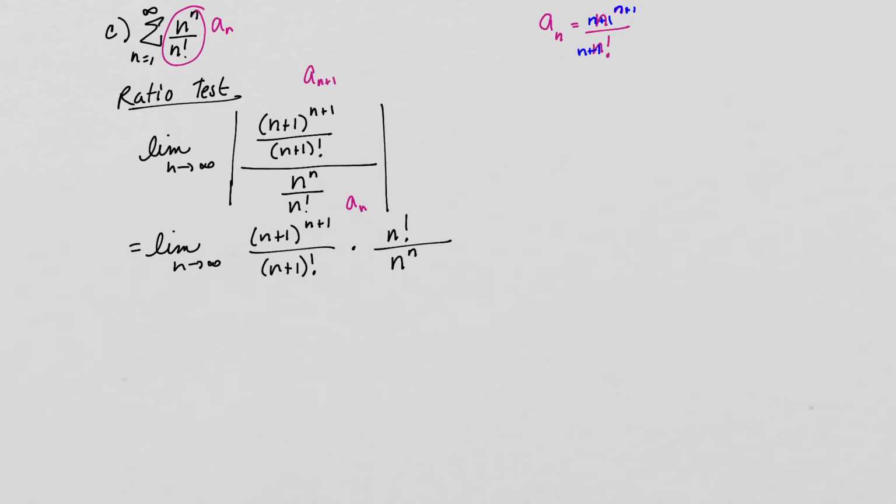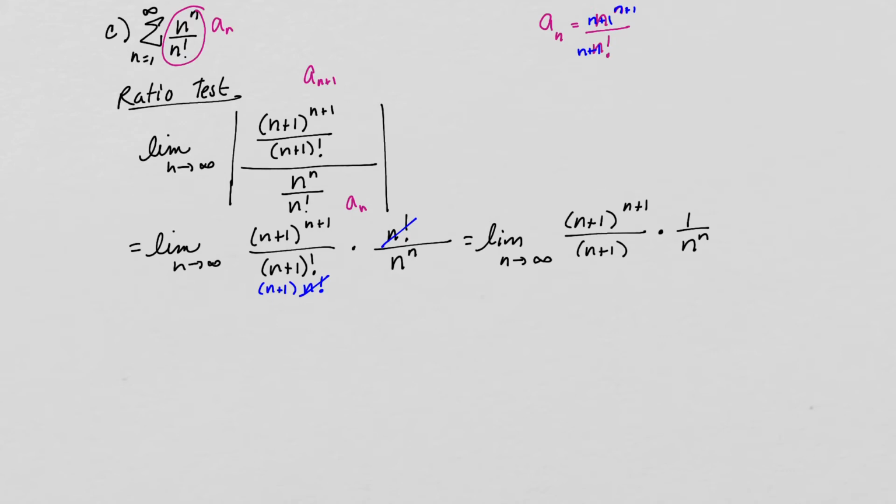No. Okay. So the n plus 1 factorial, remember we've talked about this, is n plus 1 times n factorial. So the n factorial is going to cancel with the n factorial there. So what we really have so far is the limit as n approaches infinity of n plus 1 to the n plus 1 over n plus 1 times 1 over n to the n.